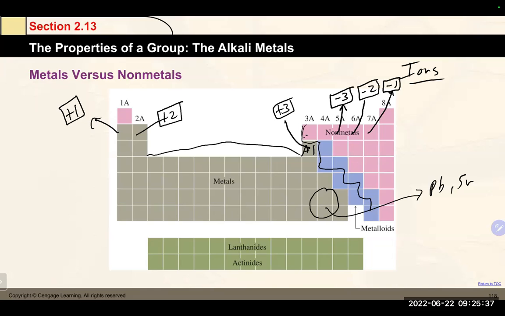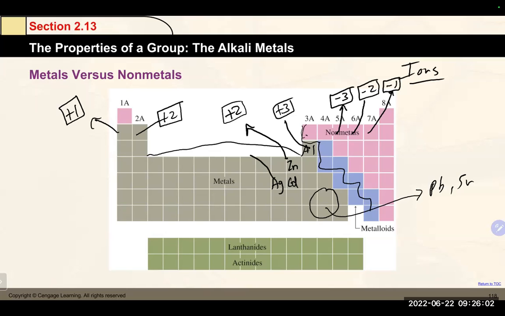There are a few transition metals that, even though they're transition metals, have fixed charges. That's this backwards L here: zinc, cadmium, and hang a left there to silver. So zinc and cadmium, even though they're transition metals, have a fixed charge. They will always be +2 when they make a charge.